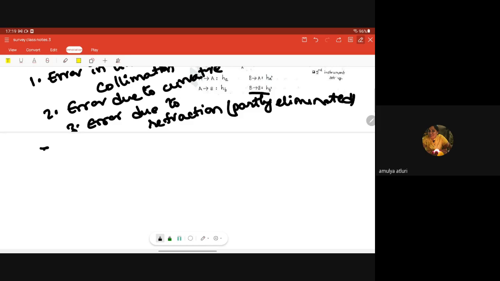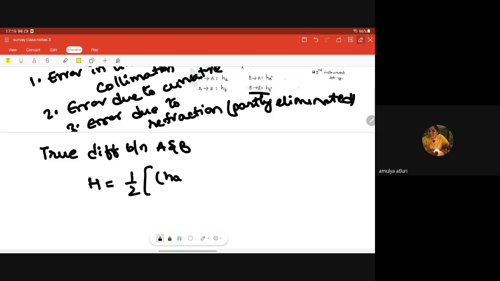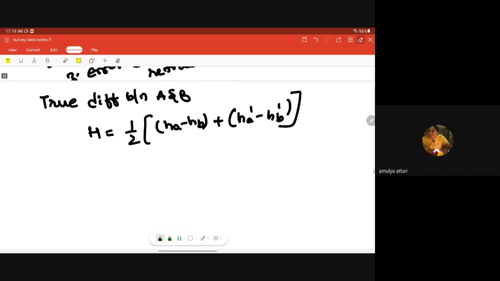The true difference in levels between A and B, H, is equal to half of HA minus HB plus HA dash minus HB dash. So this is the average of the difference of apparent readings from both sides.